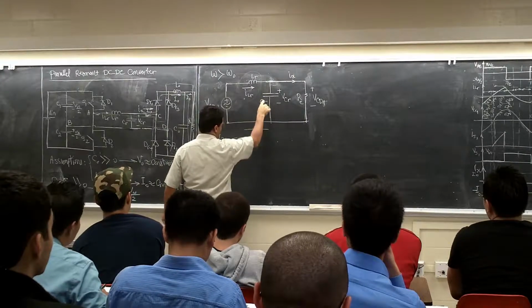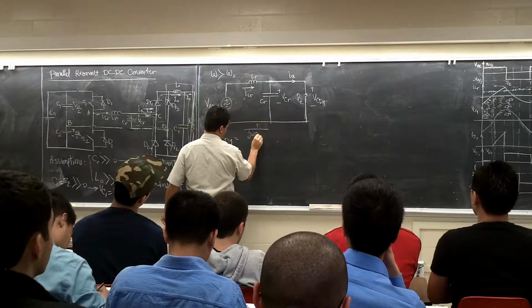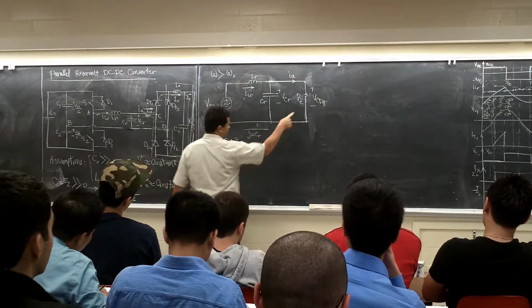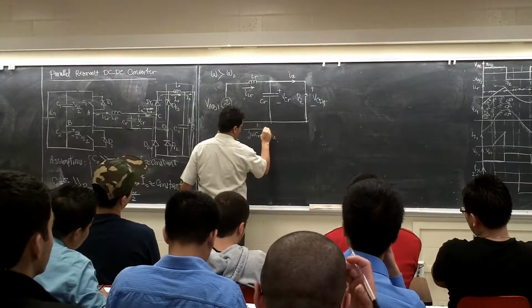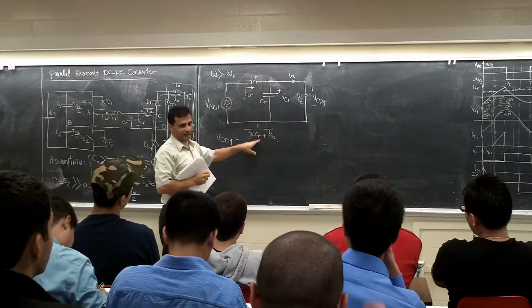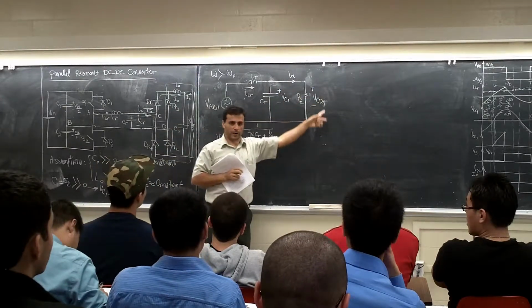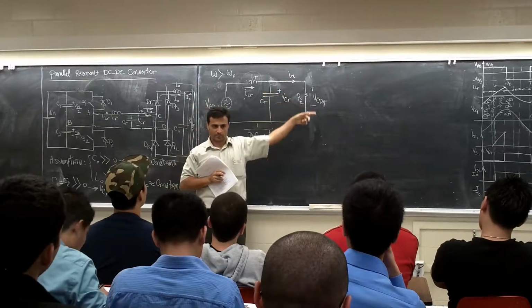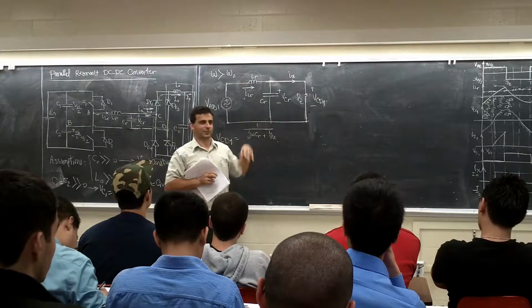How much is the admittance of this one? J omega CR, right? How much is the admittance of this one? So 1 over this is the impedance of this one, right? Agree or not? Is it strange or is it okay? Okay, so that's it.